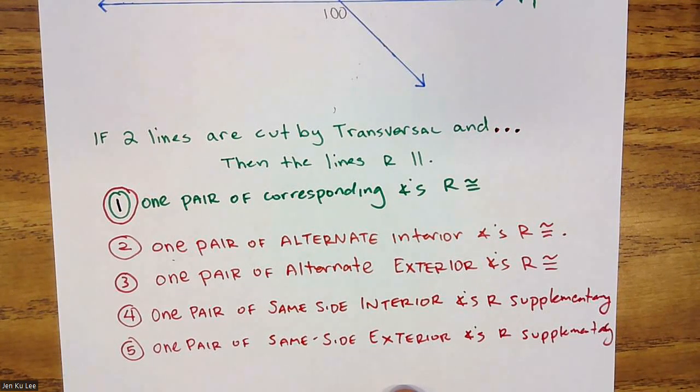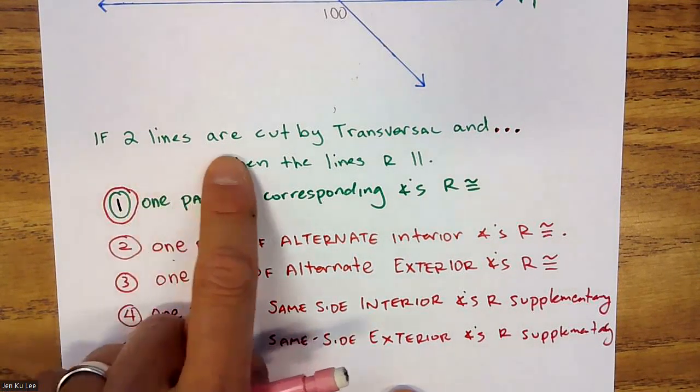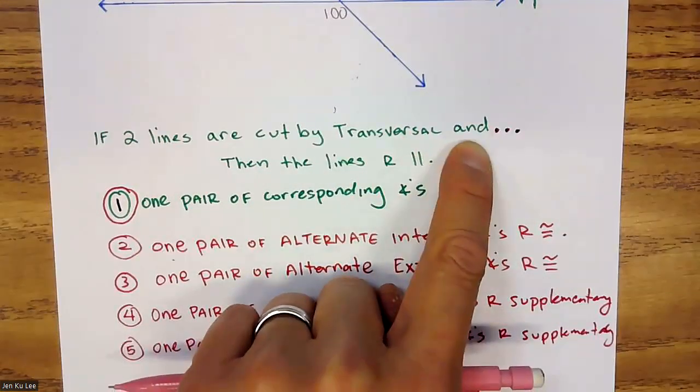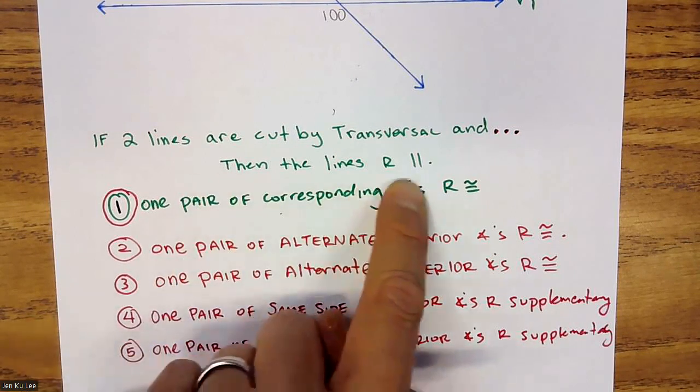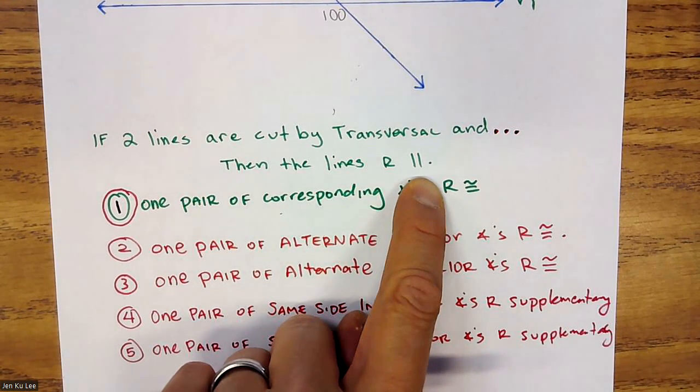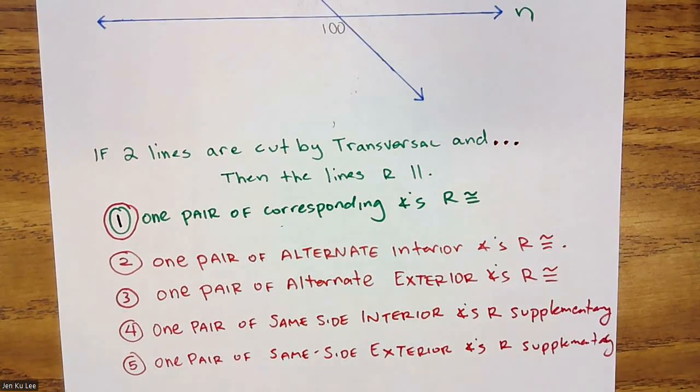You have to fully explain: if two lines are cut by a transversal and one of these exists, then the lines are parallel. Let's be detailed about proving.